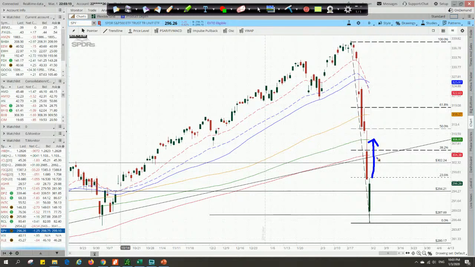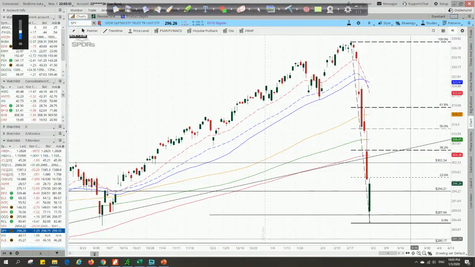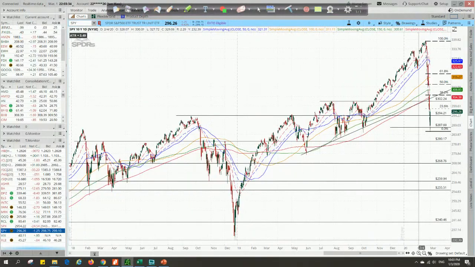So this area and this area are key areas where I'm going to keep a close watch. If they hit here and there's any sign of a downward move, I'm going to continue employing my protective puts on my portfolio again. Now, if it goes down, how much more down can it go?